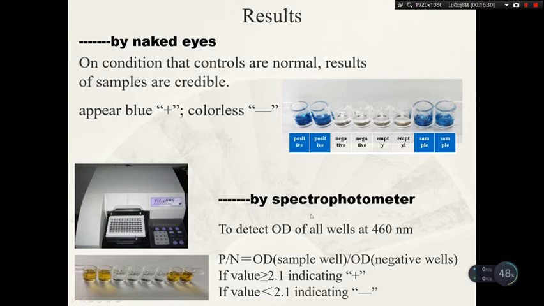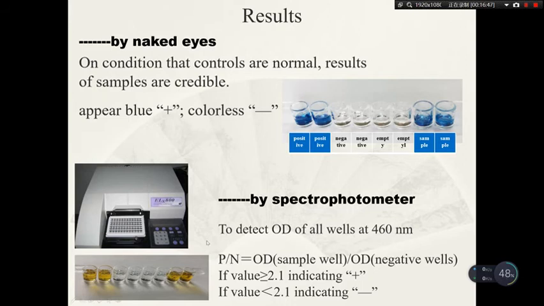Then let's see how to detect the result by spectrophotometer. First, we need to add stop solution. Then the color of the solution in the positive control and sample wells changes from blue to yellow.